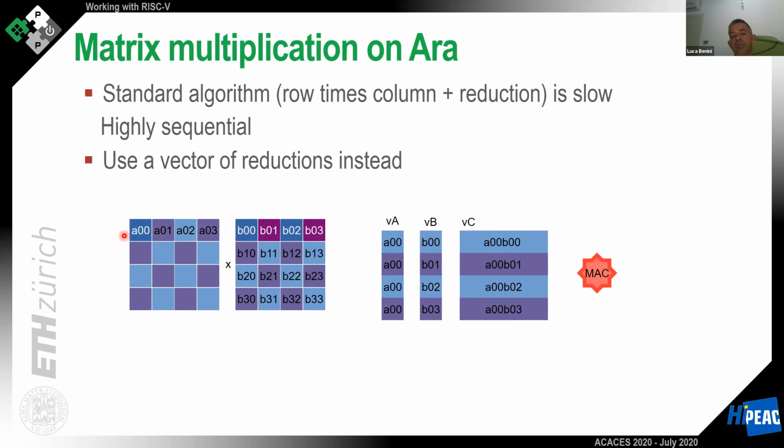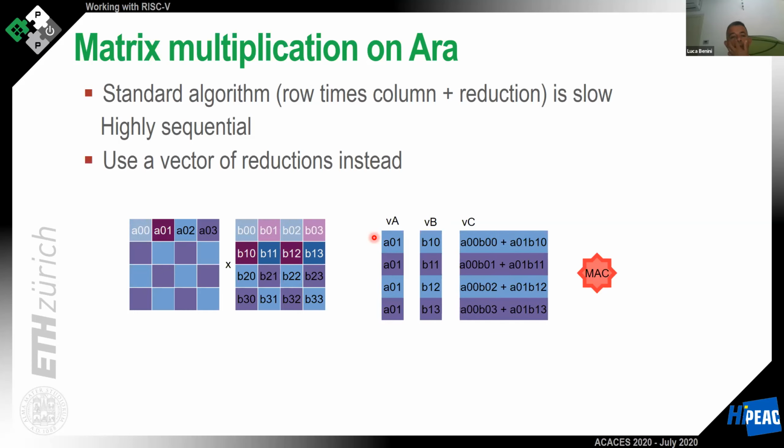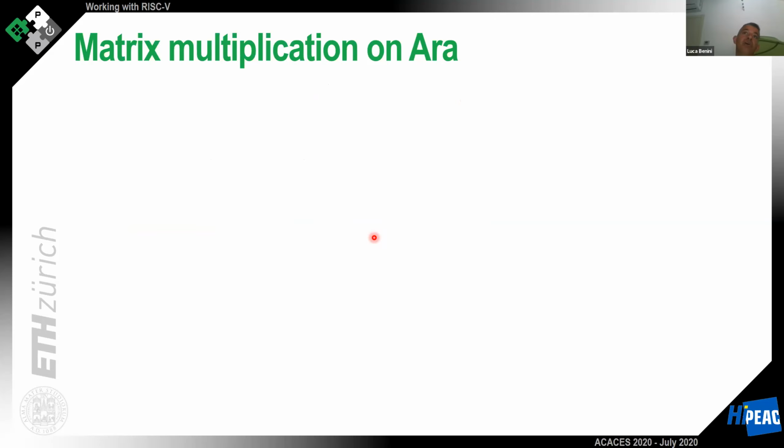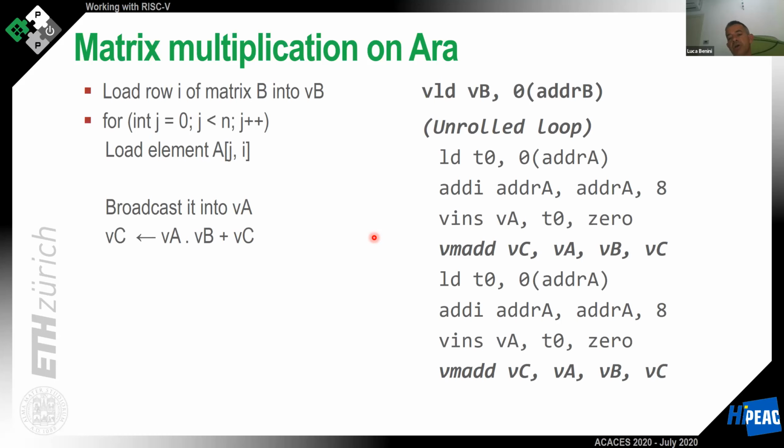So you distribute this operand to the 4 lanes, and then you do second operands and you accumulate, third operand and you accumulate, and so on. So in this way, you use very effectively your FMAs, and you can achieve a very high utilization of your vector lanes. So here you have the code.